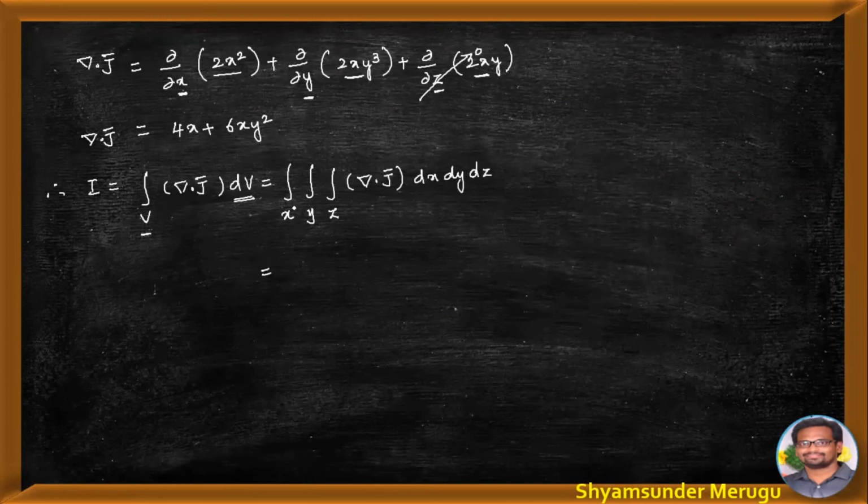Now we can also write the limits for x, for y, as well as for z. By looking at the question, the corner of the cube is at the origin and the edges are parallel to the axes with length 1 meter. So the limits that we can write for x, y, z are from 0 to 1.